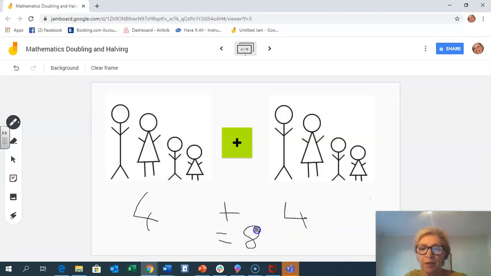We have doubled our number. There are double the amount of people. Another way of saying that would be to say 4 multiplied by 2 equals 8. Getting the idea?